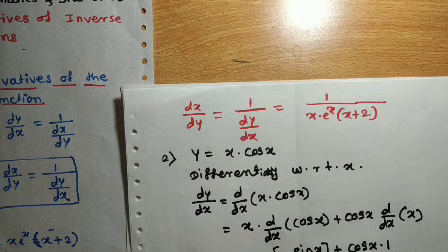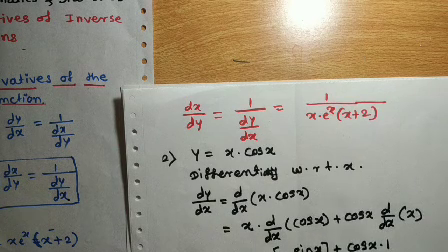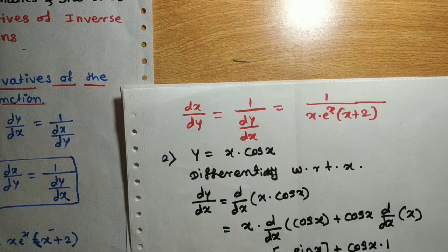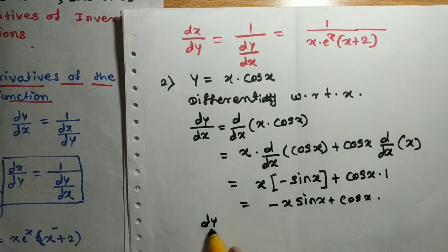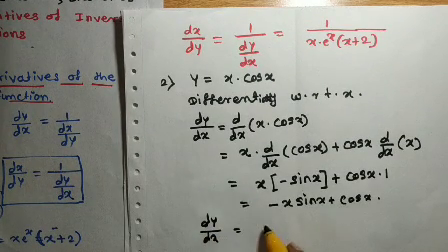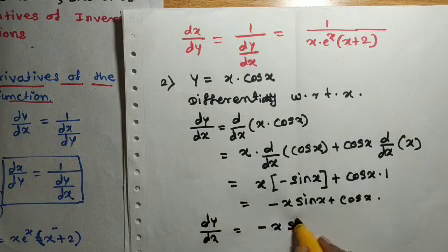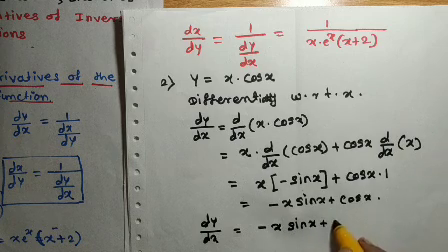This is minus x into sine of x plus cos of x. That becomes dy by dx.